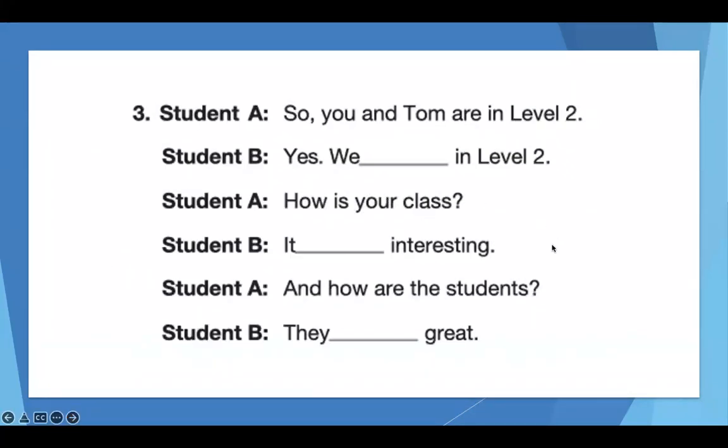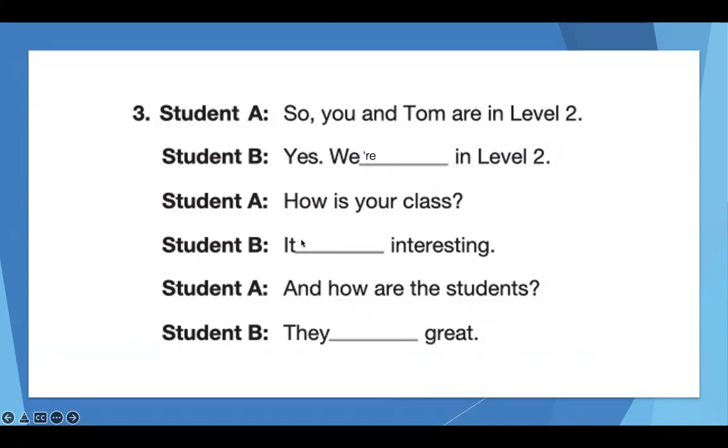All right, now we have more conversations with student A and student B. Student A, so you and Tom are in level 2. Student B, yes. And then what do we need to put after we? We can say we're, like we are. We're in level 2.